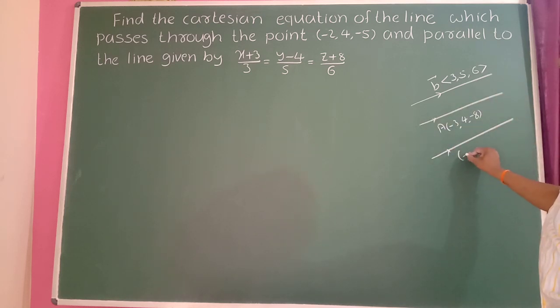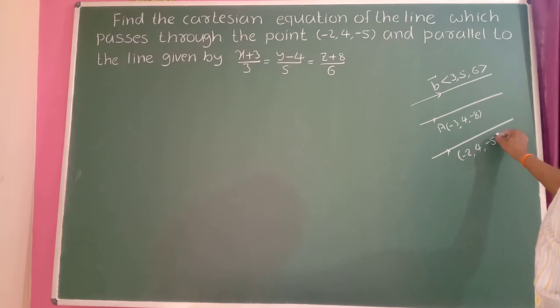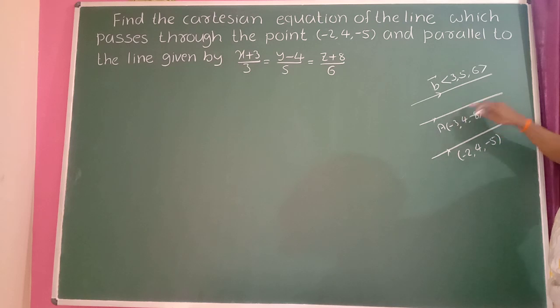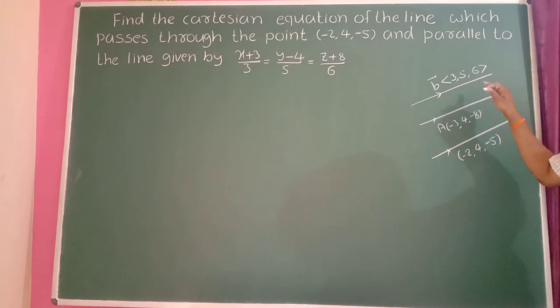Passing through the point -2, 4, -5. If this line is parallel to the given line, this line is parallel to this vector also. Therefore, the direction ratios are 3, 5 and 6. Use these direction ratios.